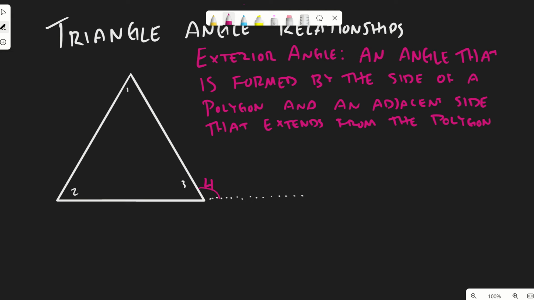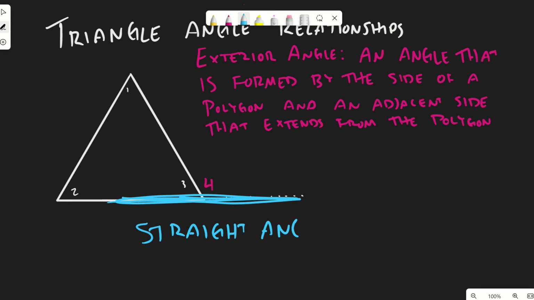Now what we know about that angle is, whether we know the measure or not, this extension creates a straight line. We know that the measure of any straight angle is 180 degrees.